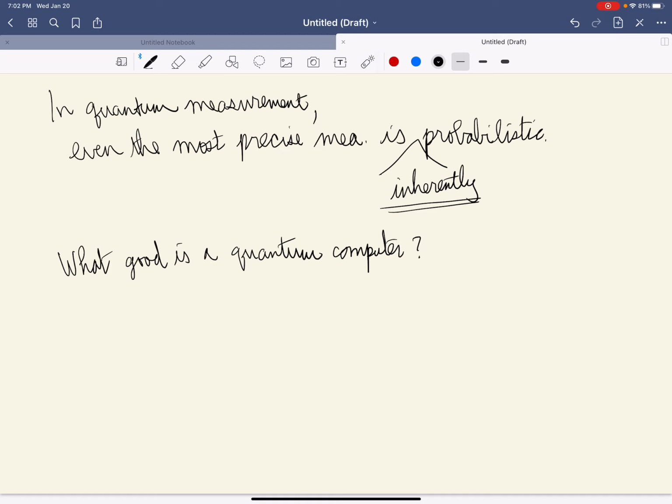Even for a simple question such as what is 2 plus 2, the outcome given out by a quantum computer will not be completely deterministic, but rather it will be inherently probabilistic.